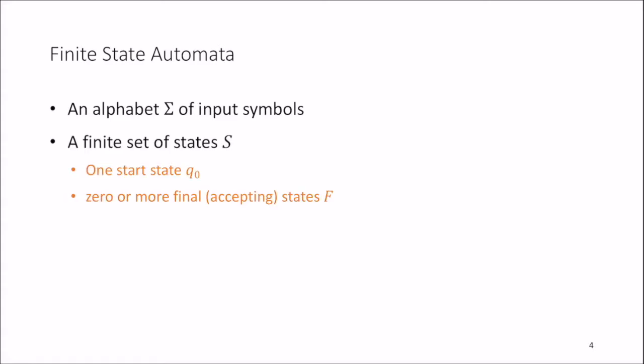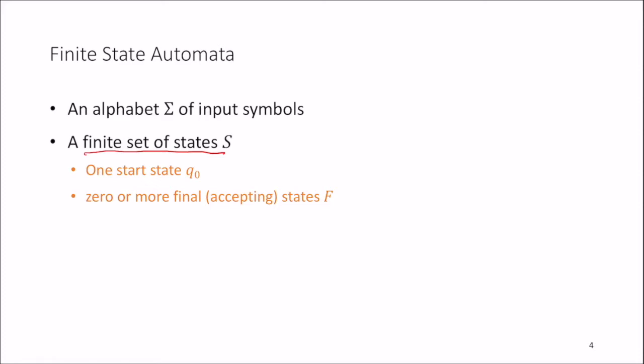We start with some base case of the symbols, and then we'll build a representation based on the alphabet. We're going to have a finite set of states S, and this set of states represents where we are in the regular expression, so which part of the regular expression we are currently recognizing.